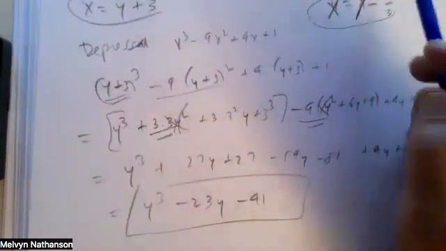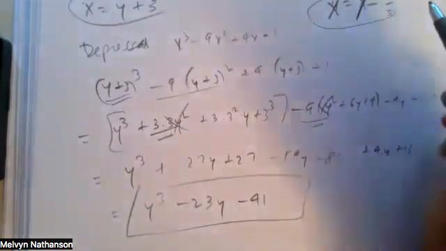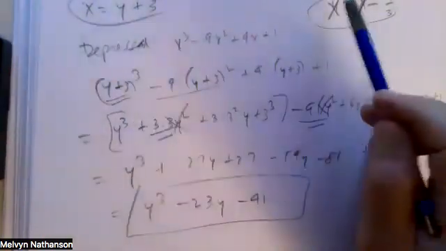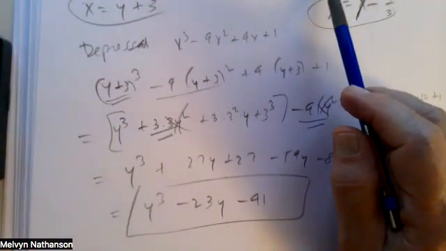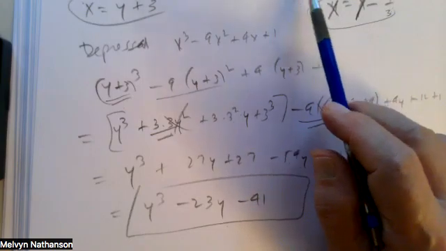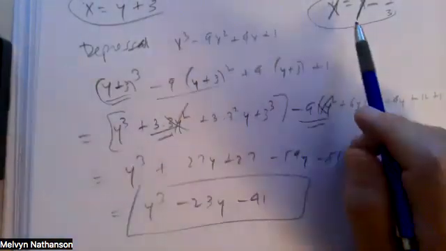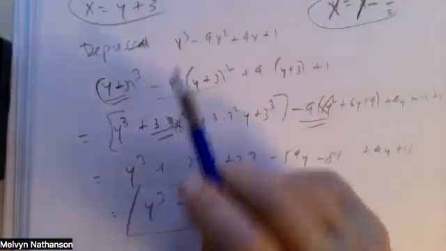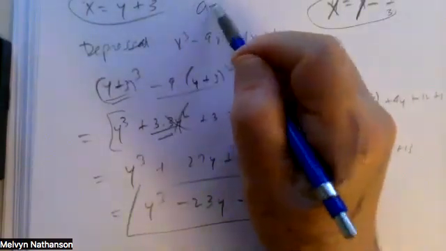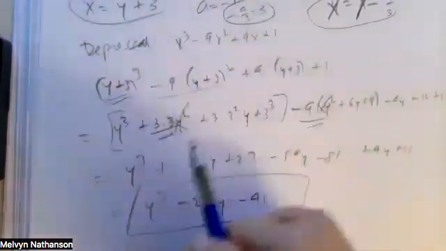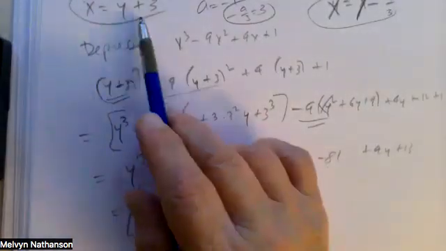If it were ax cubed plus bx squared, it would be b over 3a. The first step should be to divide by the leading coefficient, so you get an equivalent polynomial where the leading coefficient is 1. So if it's cubic, you write it as x cubed plus ax squared plus bx plus c, and then you let x equal y minus a over 3. In this case, a is minus 9, so minus a over 3 is 3. That's why I was substituting x equal y plus 3.